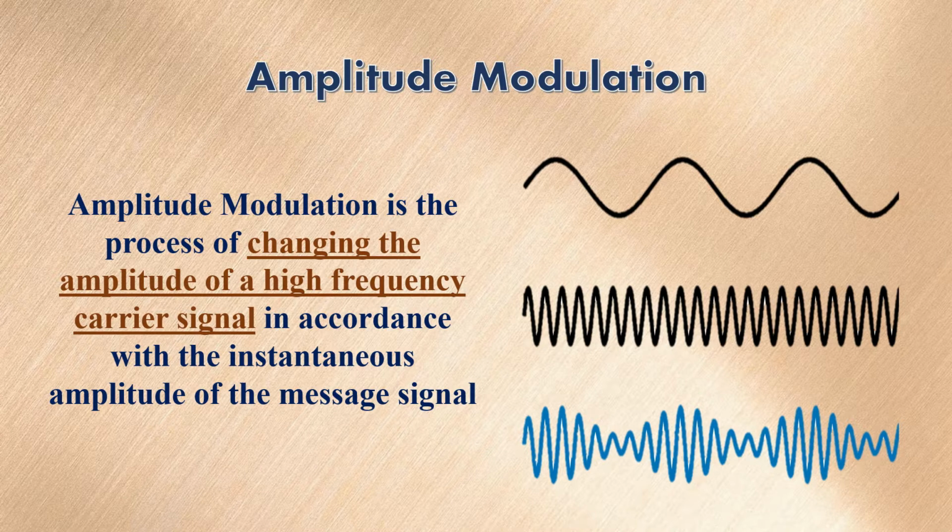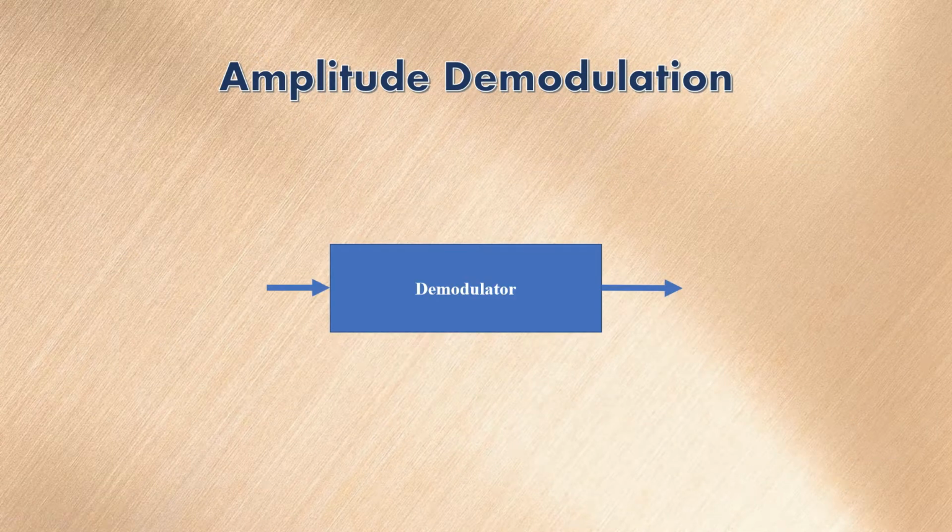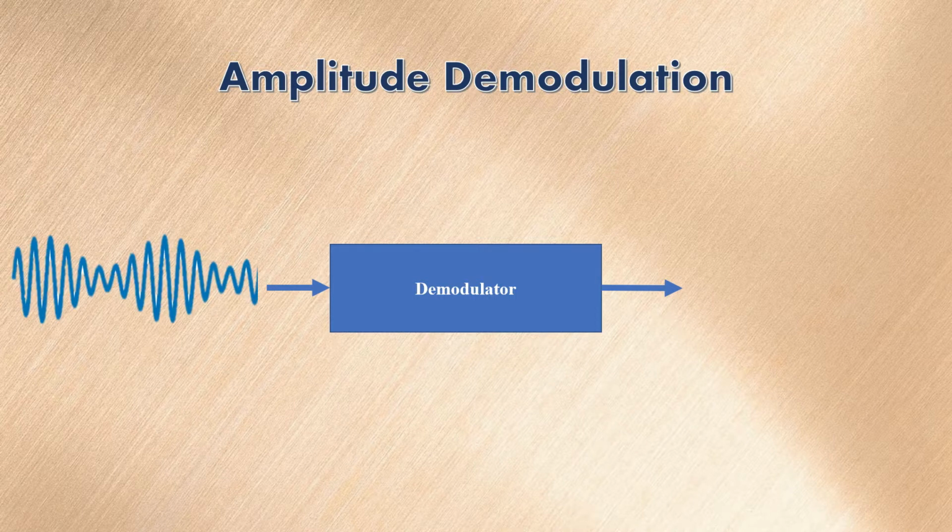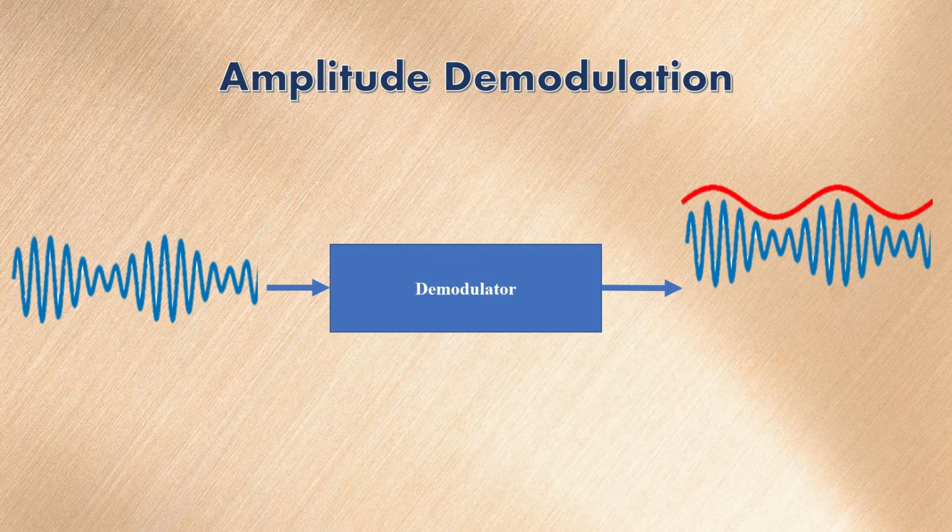Whenever the amplitude of the message signal is lower, the modulated signal has lower amplitude. Now let us see what happens at the demodulator section. The demodulator gets the amplitude modulated signal. From the amplitude modulated signal, the envelope can be extracted to get the original message signal.